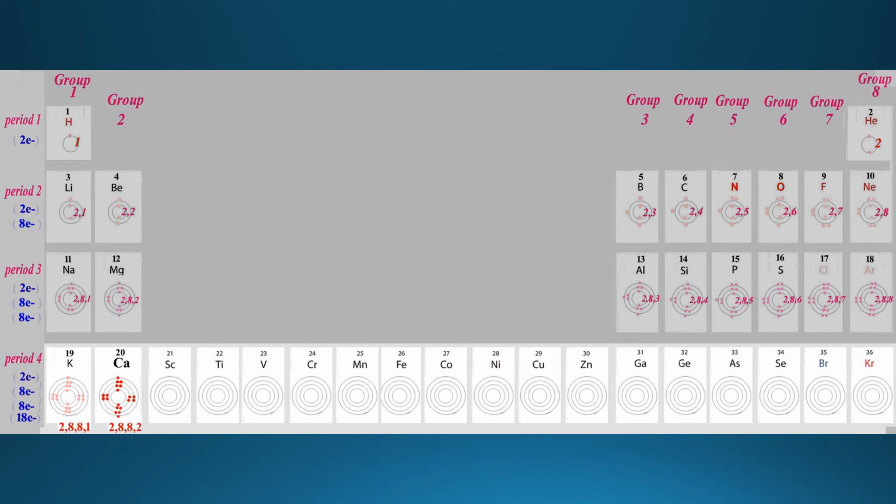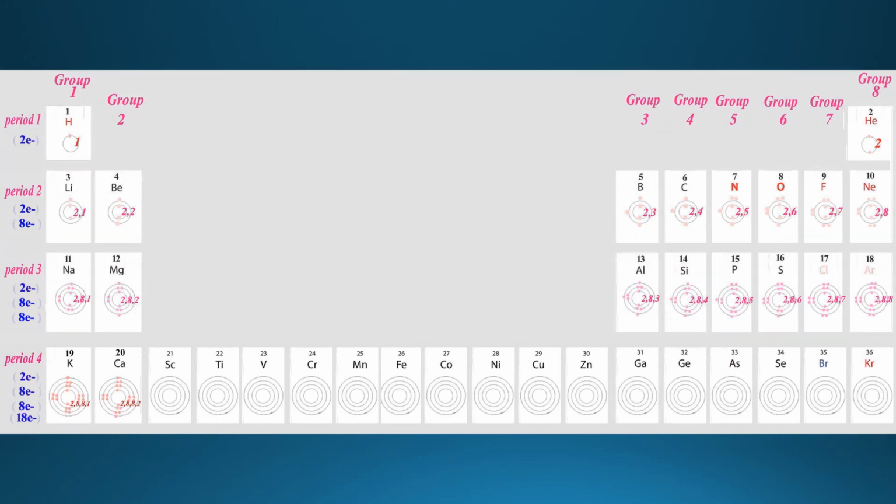And students, please keep this in mind about how the electrons distribute. One day, the teacher will ask you, okay, I randomly select an atom, phosphorus, P. Can you show me how the electrons distribute?